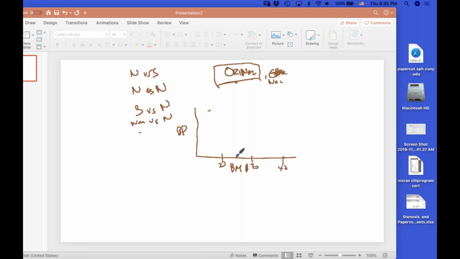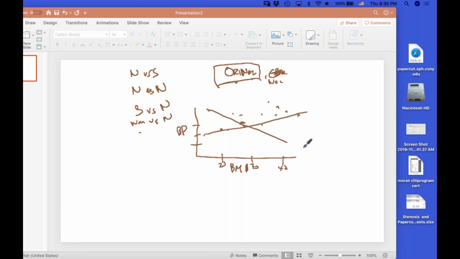So a person's BMI is 25 and his blood pressure is, say, 80, the dot will go there. Well, if his BMI is 30 and his blood pressure is 110, that would go there, and so on and so forth. And what we'd be looking for is to see if there's an association between BMI, a numerical variable, and blood pressure in the form of as one goes higher, the other goes higher too.